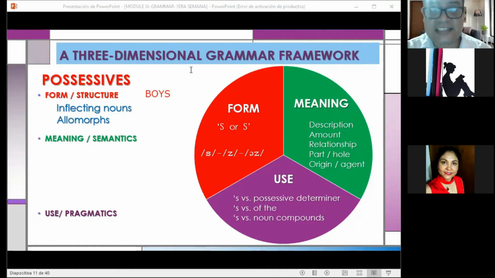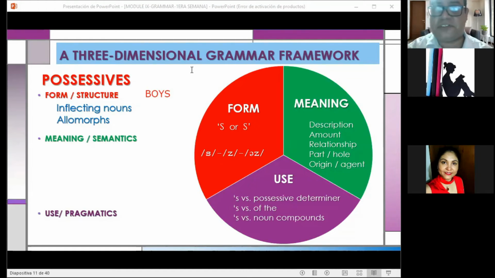That's why here before says graphemic. Just the letter S has meaning. S is not a word, but it has a meaning because it's an inflectional morpheme.